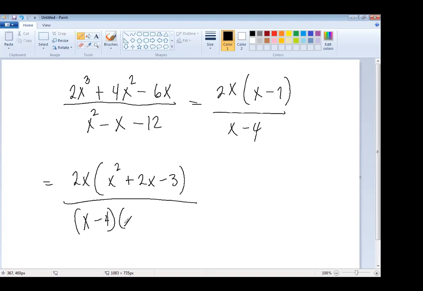And then x plus 3. What is the factor of this one? x plus 3 and x minus 1. So therefore, we will cancel out x plus 3. So the result now will give us 1. Okay, understand now, guys? Got it?